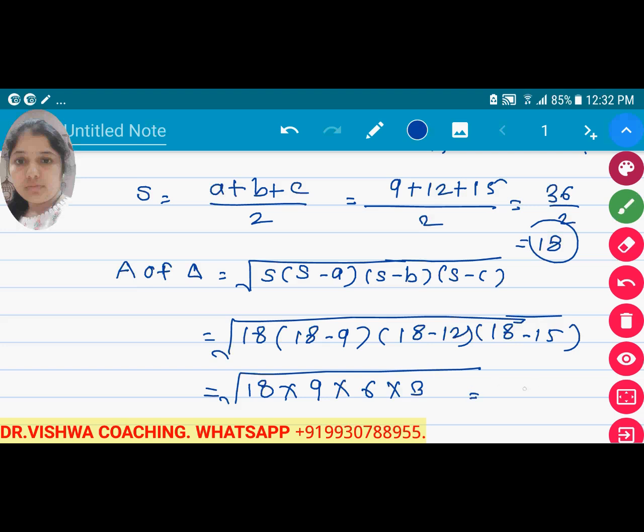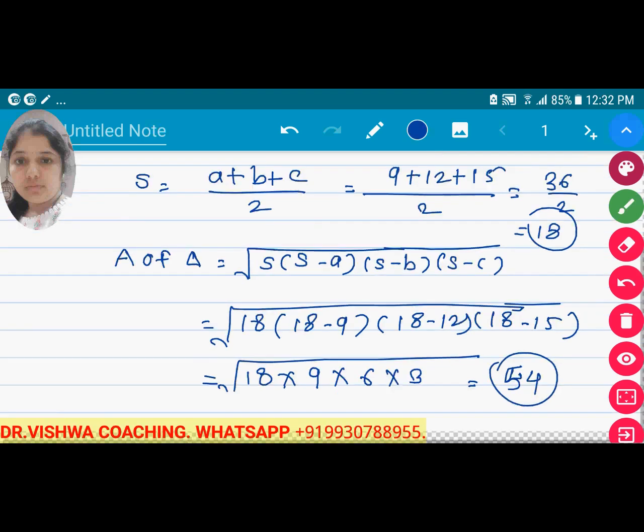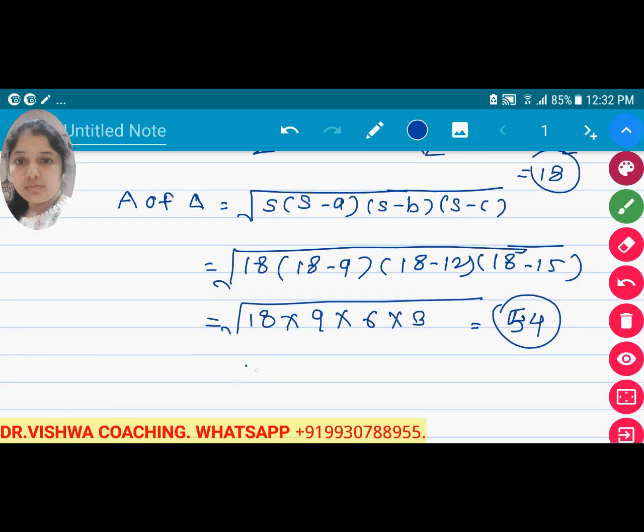So your answer is 54. Now how can we do this? The square root of 9 we know. 9 times 6 is 54, and 18 times 3 is 54, so it is 54 multiplied by 54. Two 54s are there, so the value is 54.